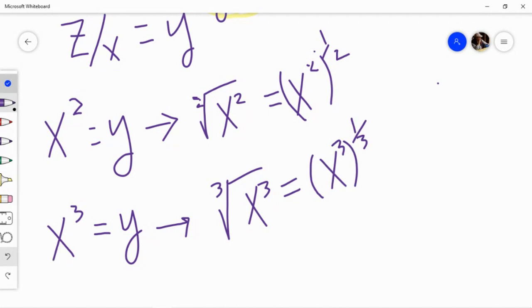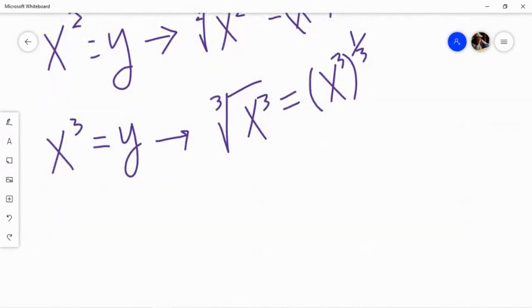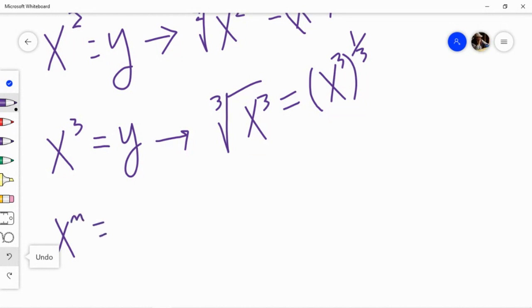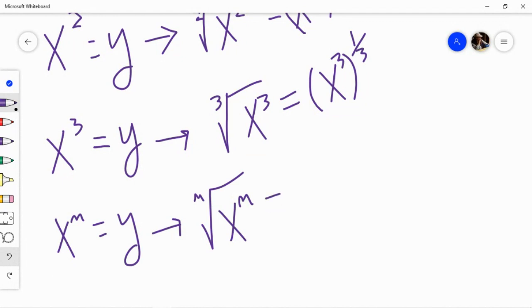Okay, so if y is x to the n, then taking the nth radical of x to the n, it's the same thing.